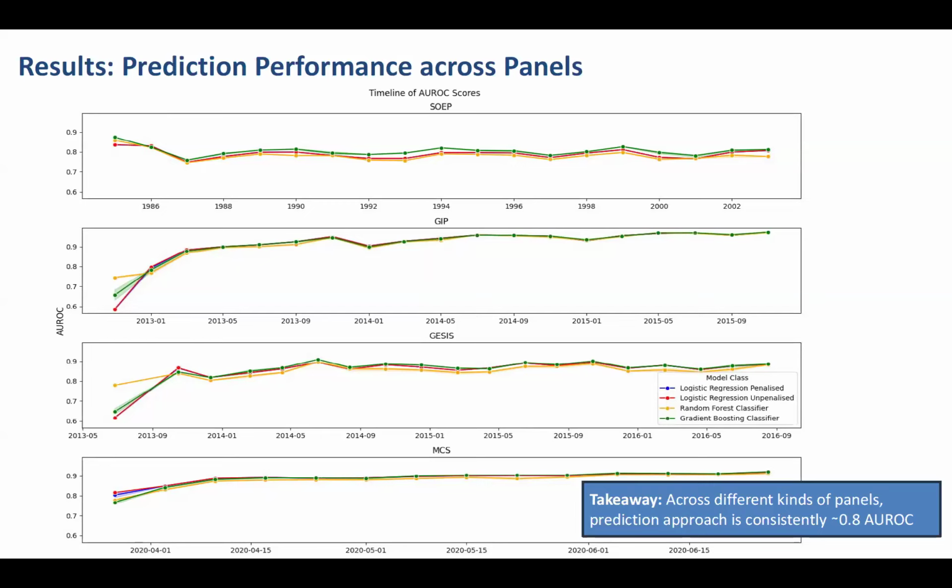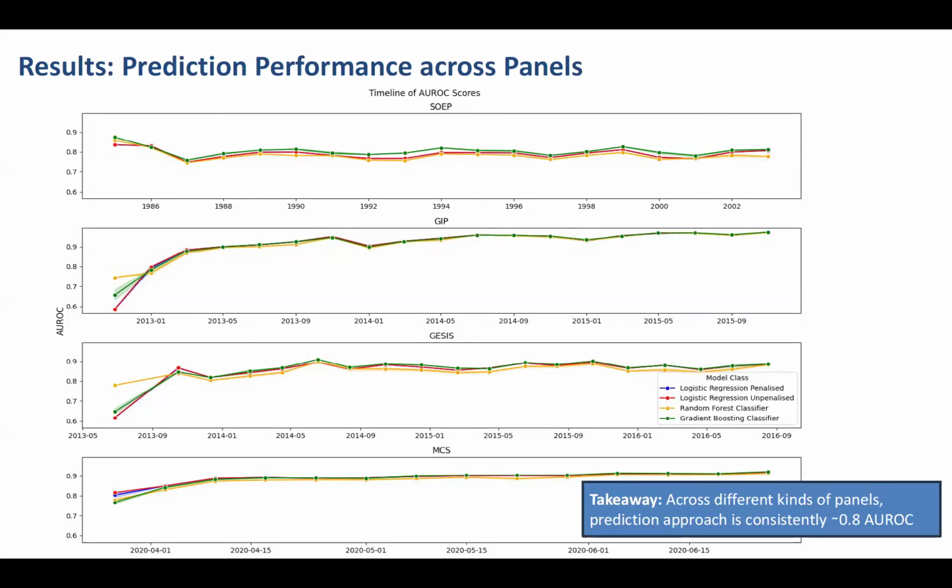But there's a bit of a pattern emerging here, and that is that all of these panels, after 3 or 4 waves, they seem to approach a long-term average level of predictive performance. But in those first few waves, usually in all of these panels except for SOAP, most of these models are performing a bit worse, right? And that makes a bit of sense.